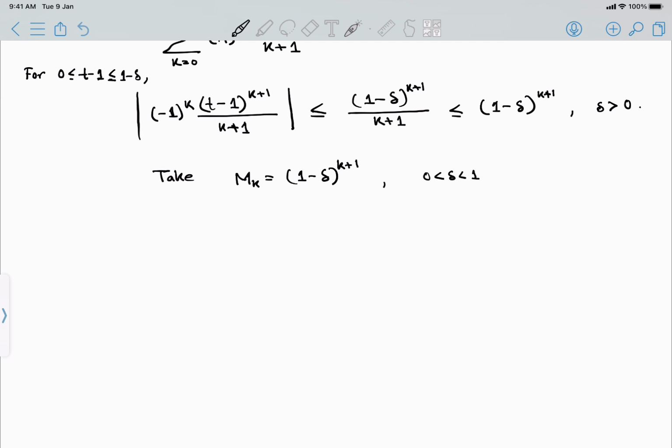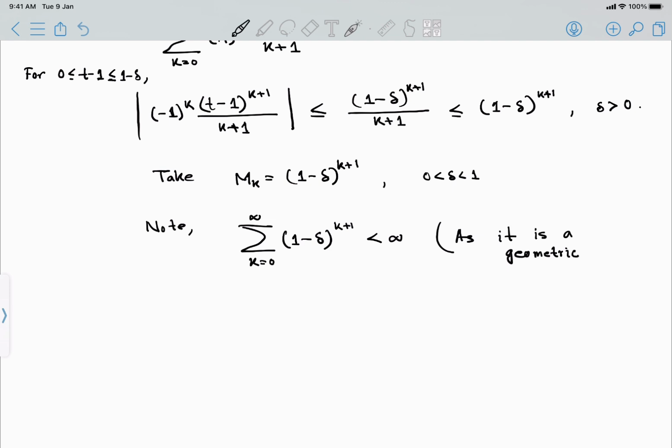Note that the series summation k equals 0 to infinity of (1 minus delta) to the power k plus 1 is finite, as it is a geometric series with x to the power k where x is less than 1.